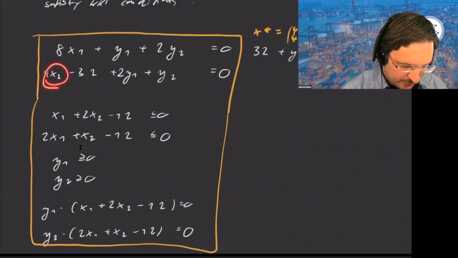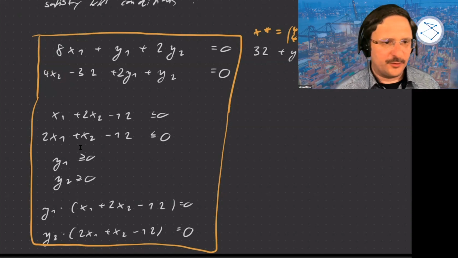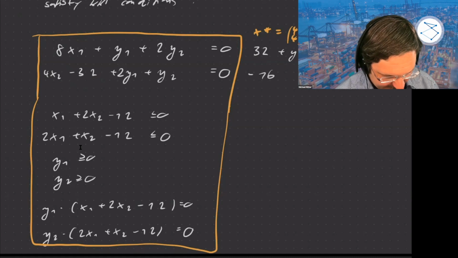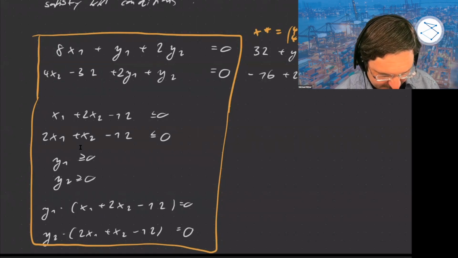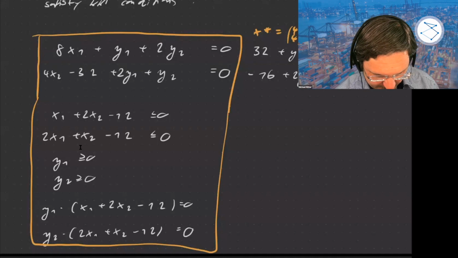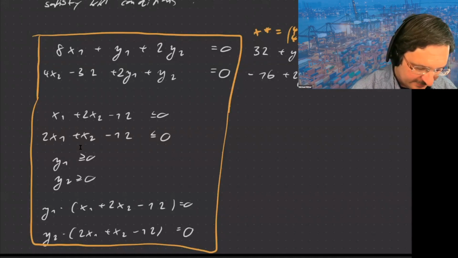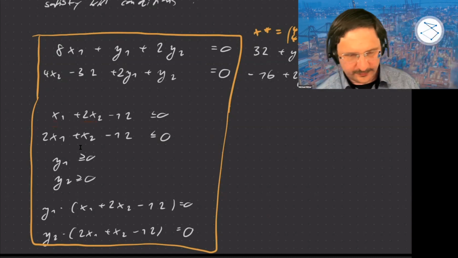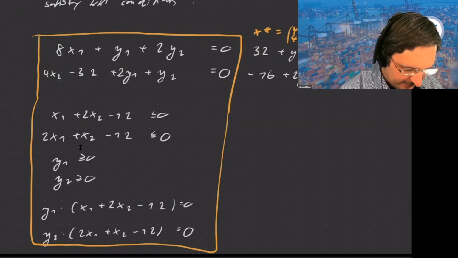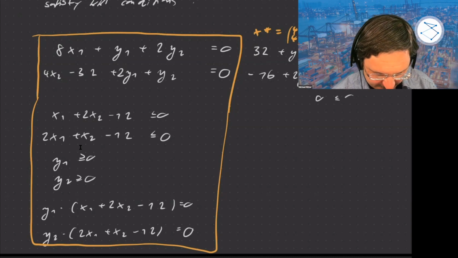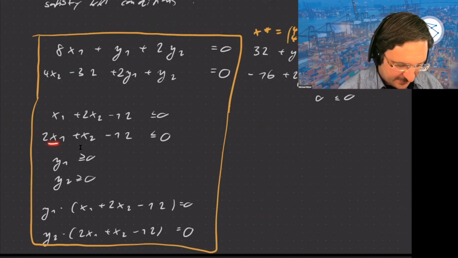Here we have 4 times x2, that's 4 times 4 is 16, minus 32, that's minus 16, plus 2y1 plus y2 is 0. Then here we get 4 plus 2 times 4, so 4 plus 8 minus 12. 4 plus 8 is 12, minus 12 is 0. So you have 0 less or equal to 0. Same here, 8 plus 4 is 12, minus 12 is 0.